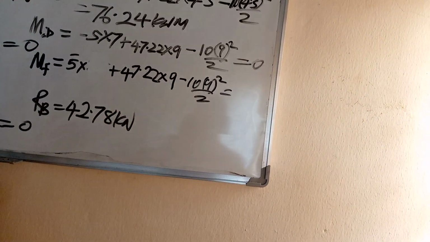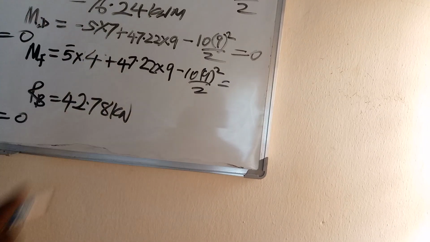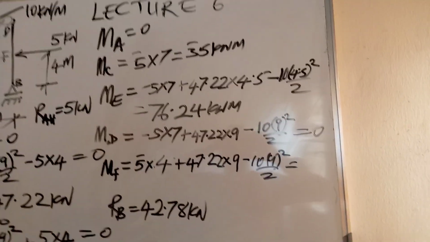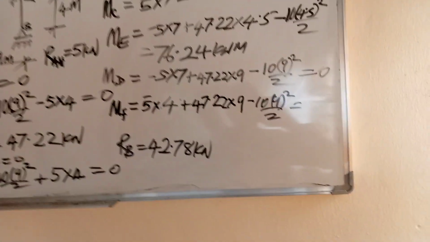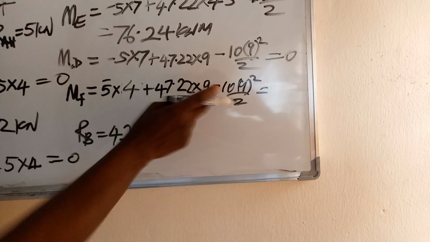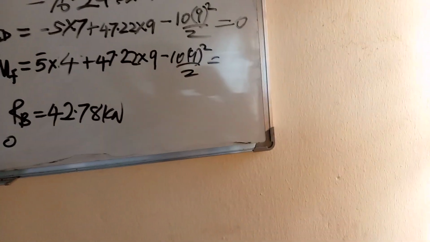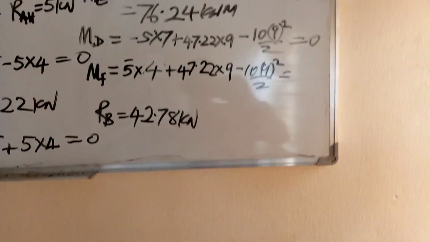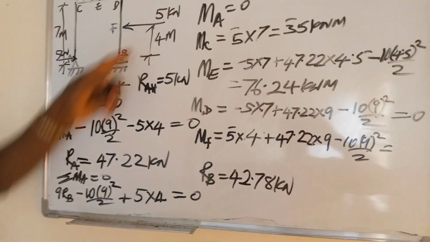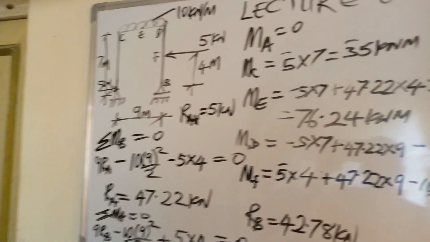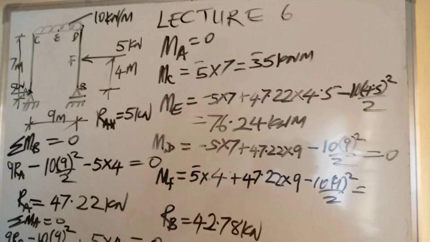It was at 4, not at 3.5. That was the height from here. Look at it here, it's not 3.5. I thought the length was at the middle, but it was at 4.